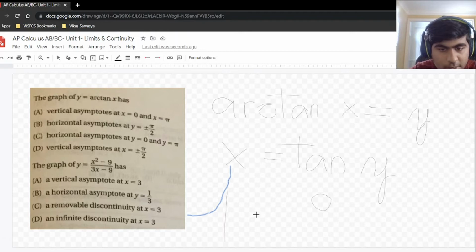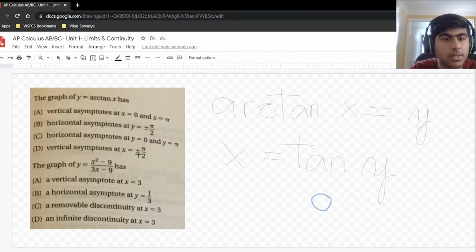Then maybe you'd have the other side going down, or it could also be going up. But that's what a vertical asymptote means. And as you can see, tan y is not undefined here. It is defined: it's 0, y equals 0.